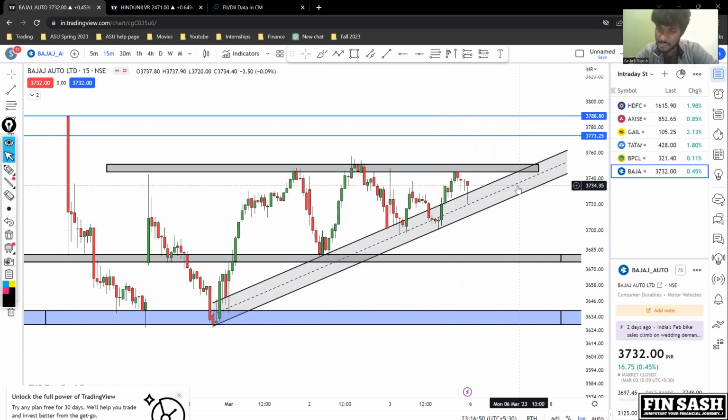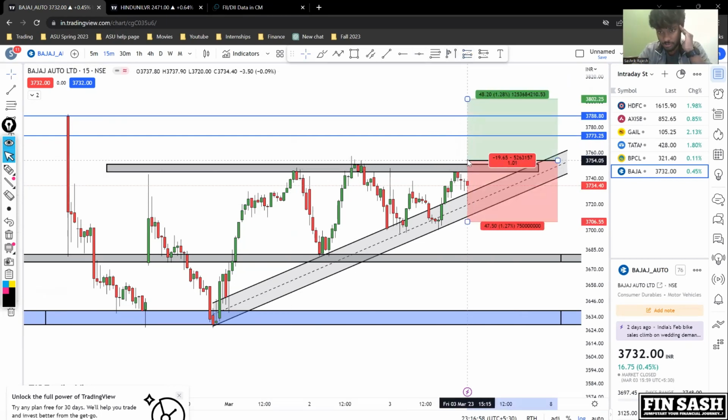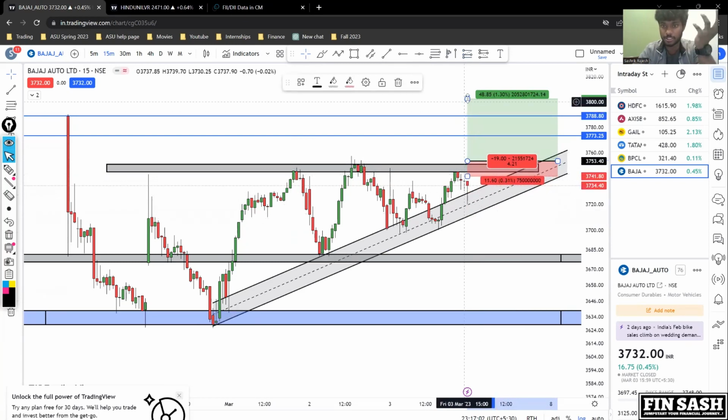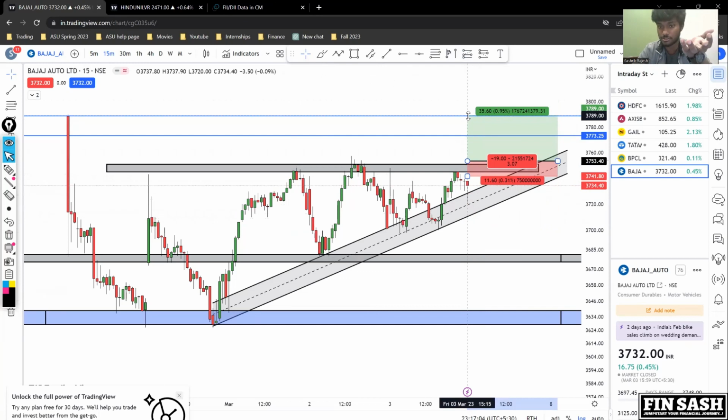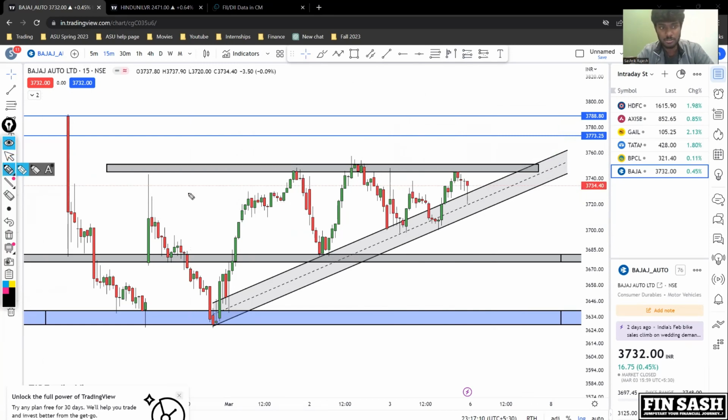So it doesn't depend on the percentage. It depends on your risk to reward. So if you guys can take up somewhere here and your risk is just this much, it's a pretty good trade, right? It's a 1:3 trade. So make plans based on the risk to reward and not just the percentage.